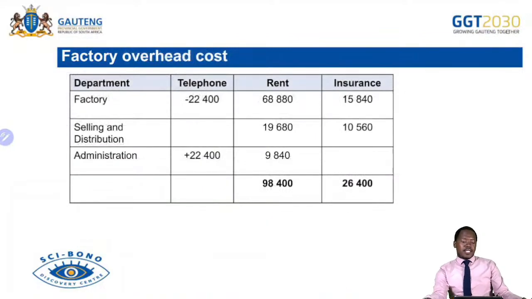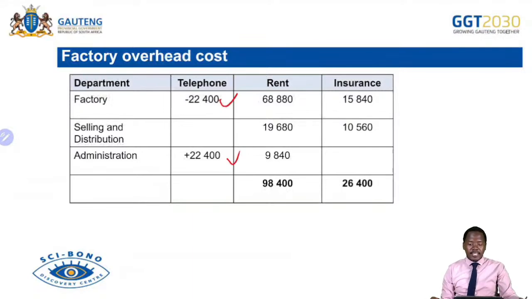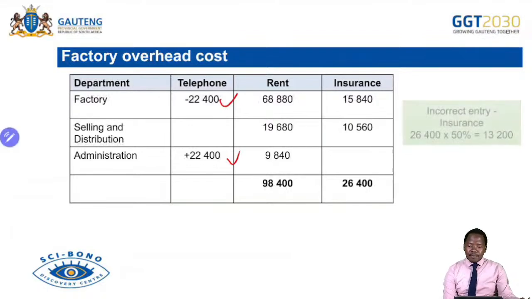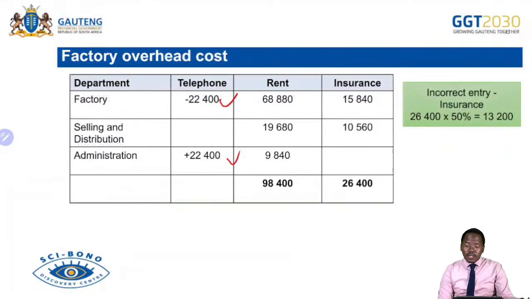Right, now, this is what I've done here on the table for factory. Look at this table, grade 12. We've already talked about this. And for rent, it is why I've split my rent for the 98,400. And for my insurance, that is what is supposed to be there. Now, incorrect entry for the insurance was 13,200.